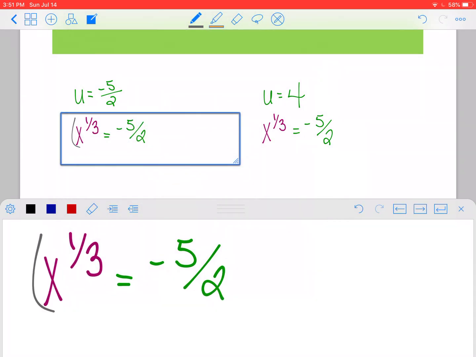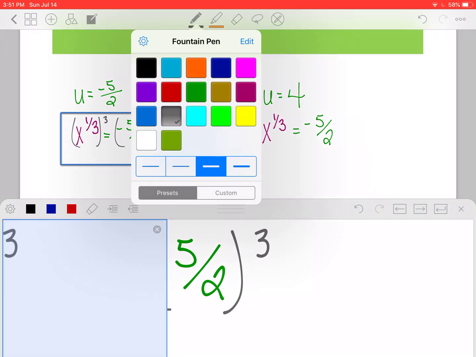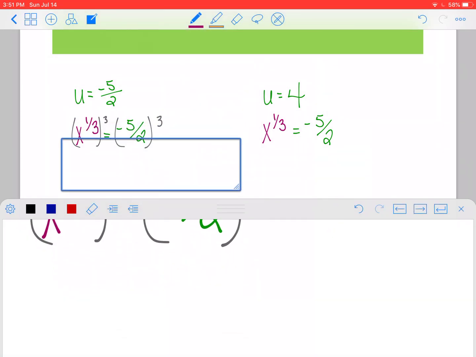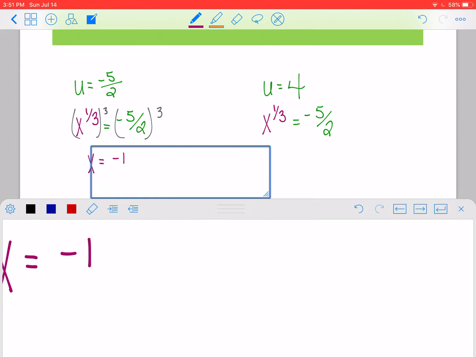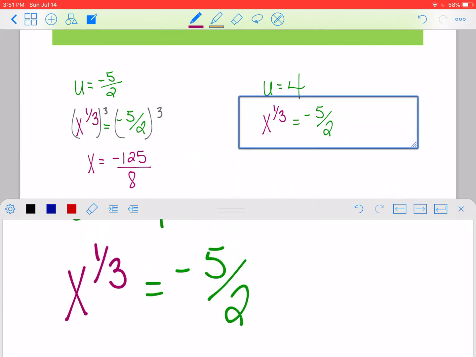Over here on the other one, again, we're going to raise to the 3rd power. And so we have, oh, that was supposed to be a 4. I just wrote the same thing again, didn't I?